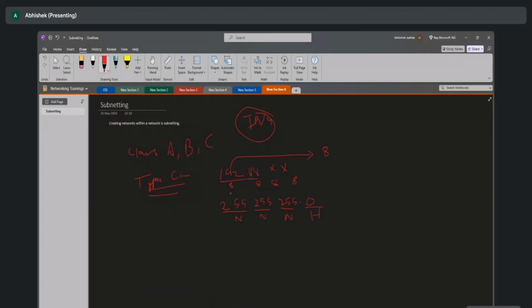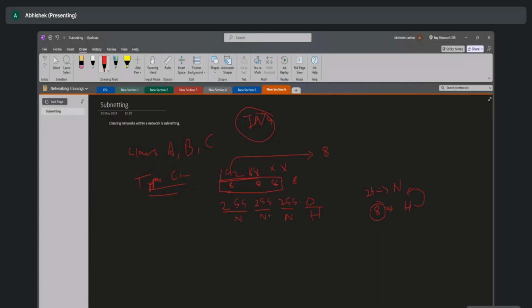All in all, for an IPv4 type C address, the initial 3 octets, that is overall 24 bits, are already occupied by the network address. So you only have 8 host bits to create the hosts within this particular network. So you have only 8 bits in order to create subnets.